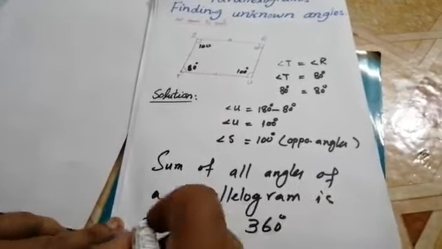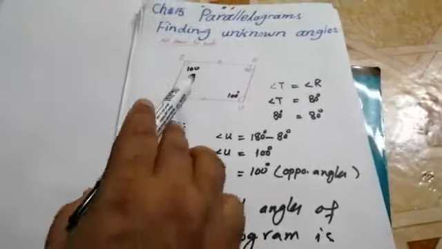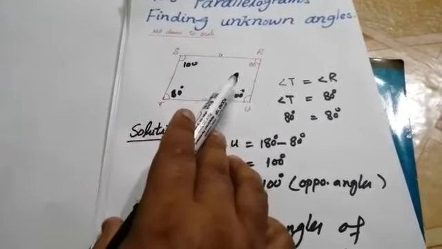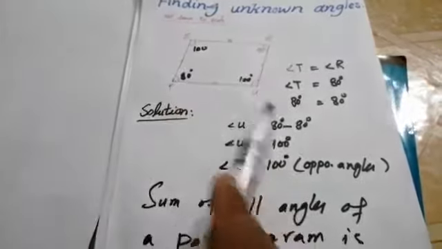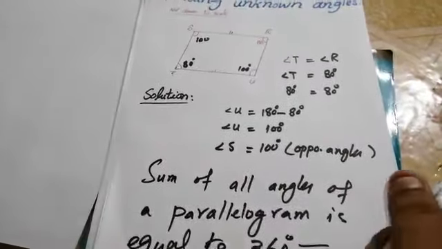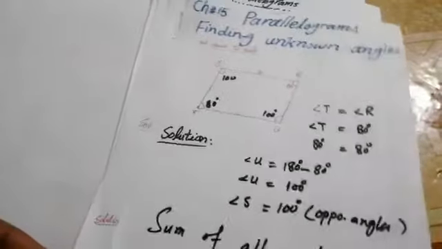Now if you want to check your answer, you just add them. For example, 100 plus 100, 200, 80 plus 80, 160. So your answer will be 360, which means your answer is correct, right? Let's move to another question.